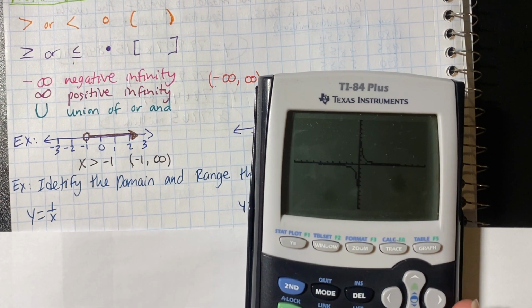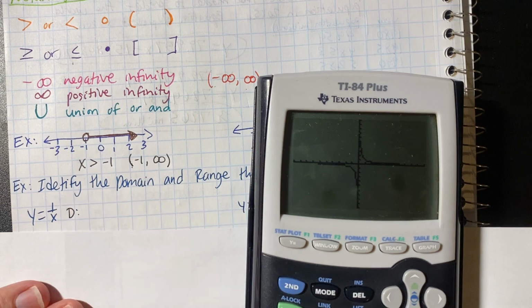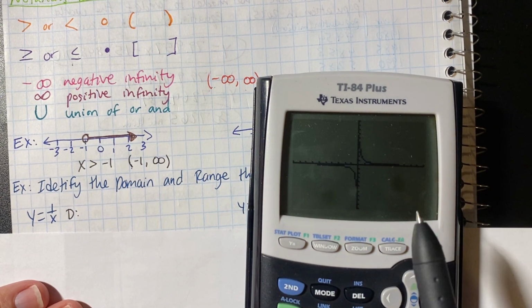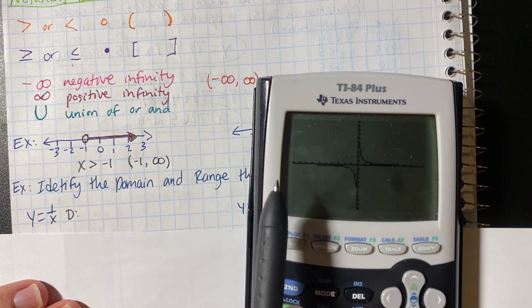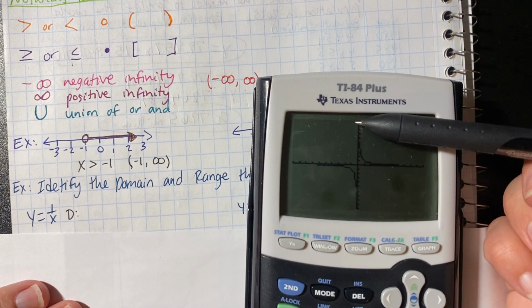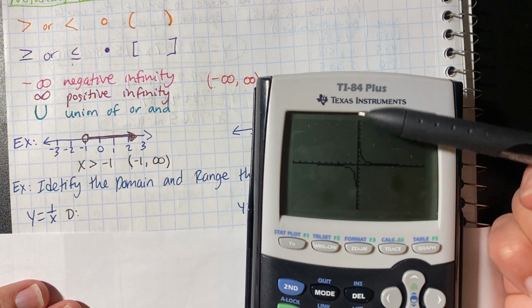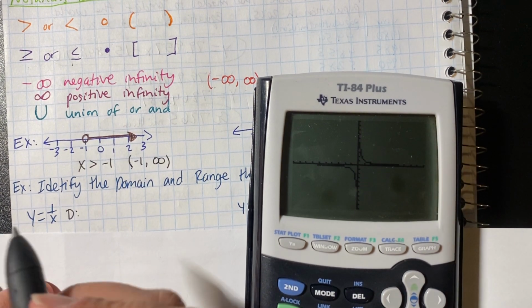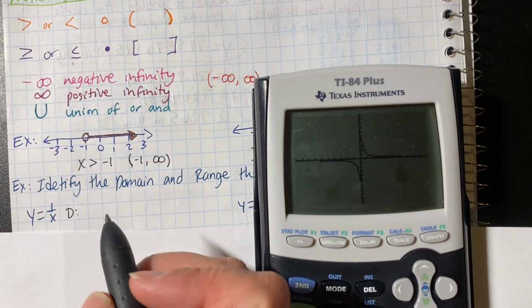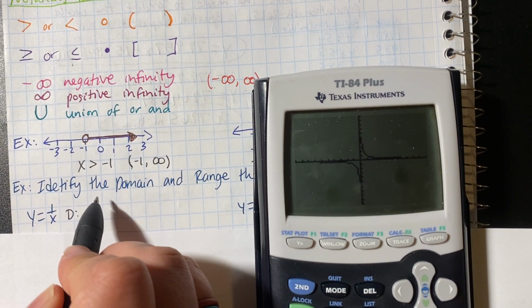Okay, so that's what our graph looks like. So, what is the domain of that? Well, remember, the domain is our x's. So what x's? It looks like it covers all of the x's, except the y-axis is an asymptote. So we could write it, I'm going to write it using parentheses and brackets, all right?